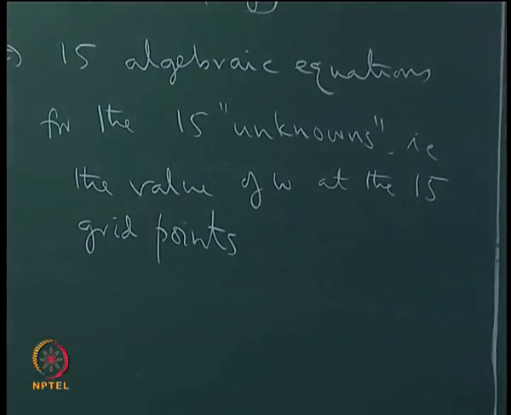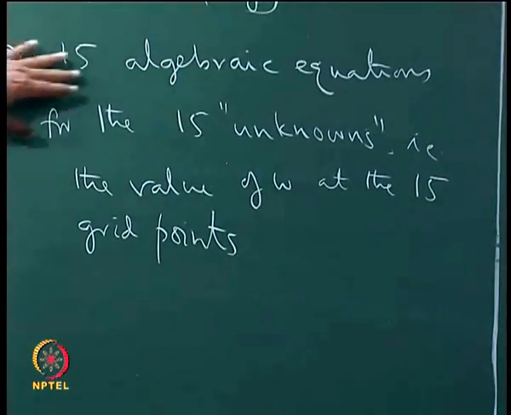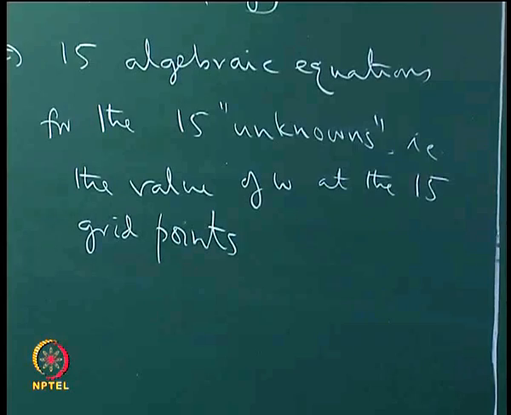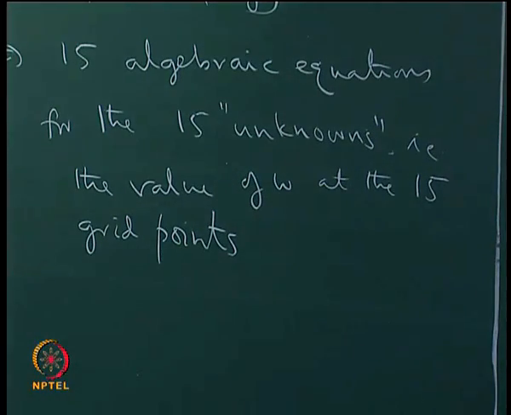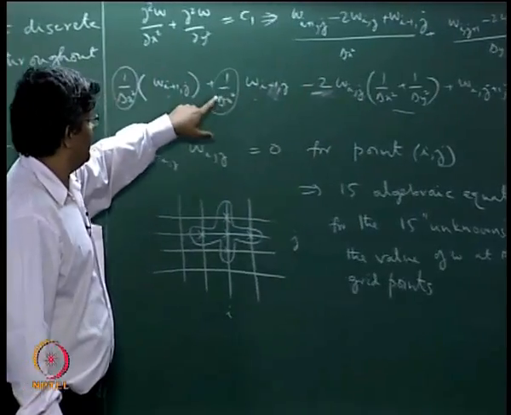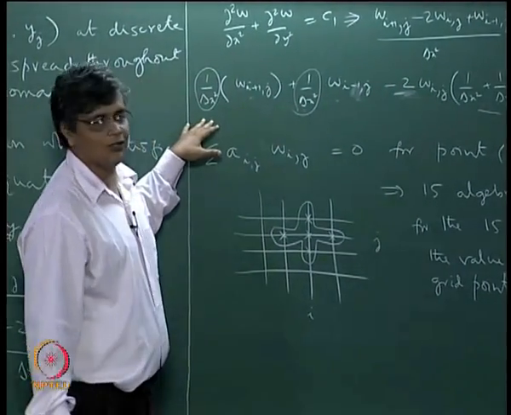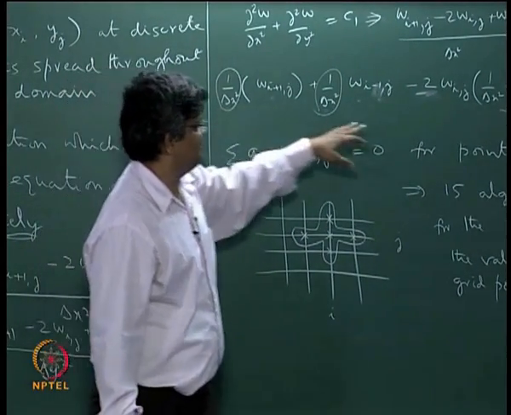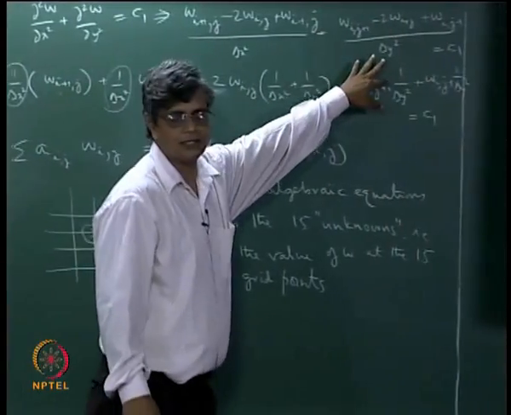In this simple case, the 15 equations that we are getting are linear equations, in the sense that the variables have coefficients which are constants. Delta x is a constant, delta y is a constant, so all these things are constant.